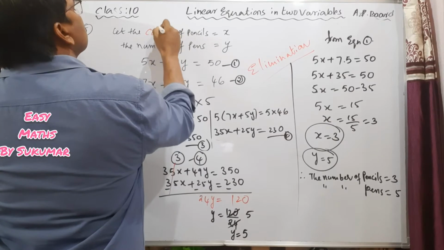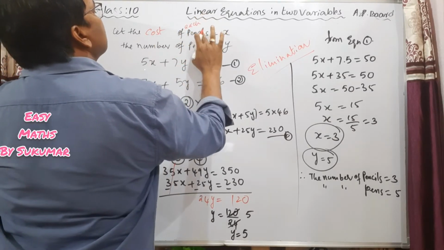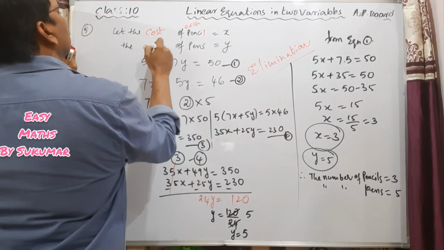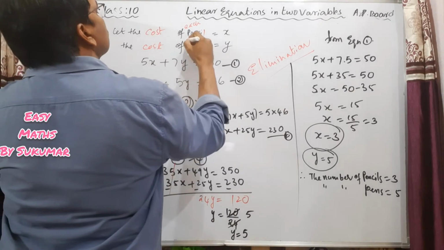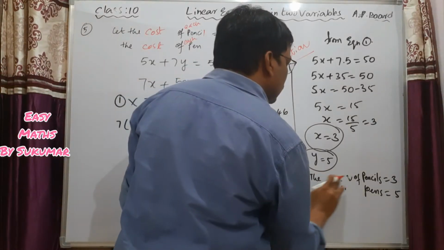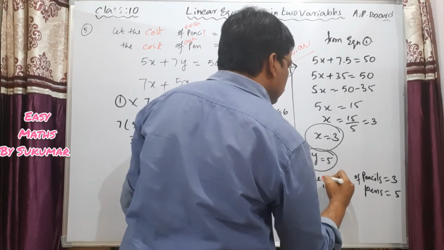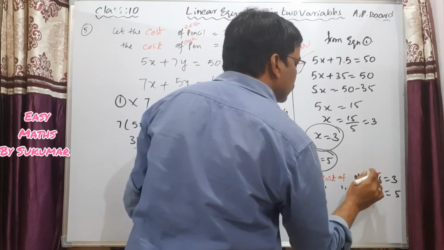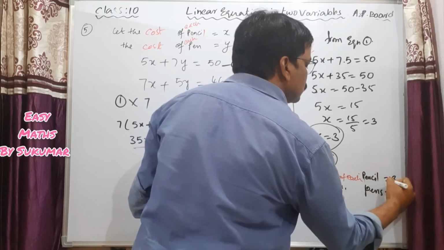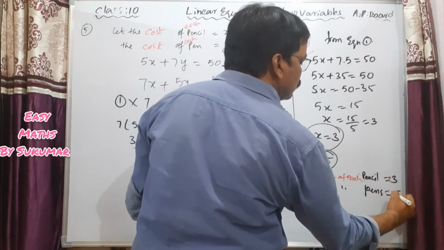The cost of each pen and pencil. Therefore the cost of each pencil is equals to 3 rupees and the cost of each pen is equals to 5 rupees.